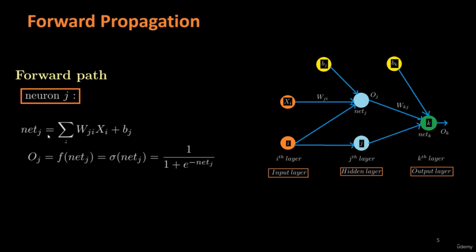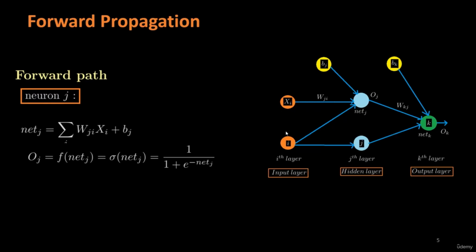So here is net j. So what is net j? Net j is the sum of all the w and x which are coming from the input layer. Okay, so this is x i and this is w j i. This is the input to this hidden layer neuron, the jth neuron. So if I multiply this weight with x, it will become w j i and x i.